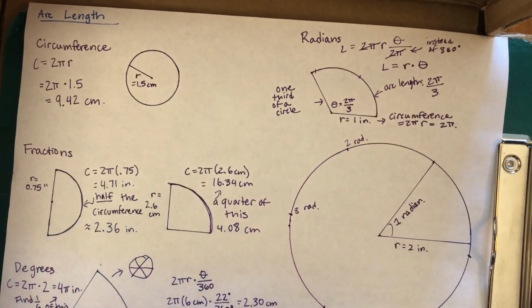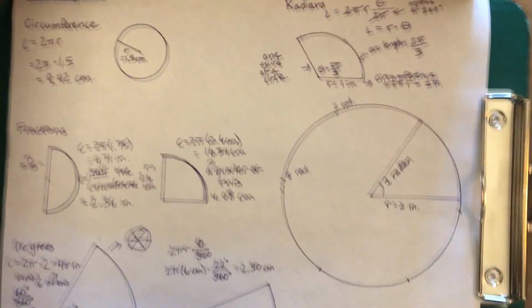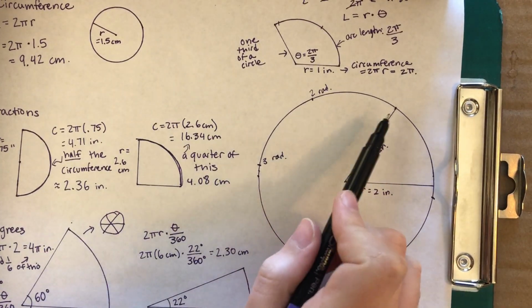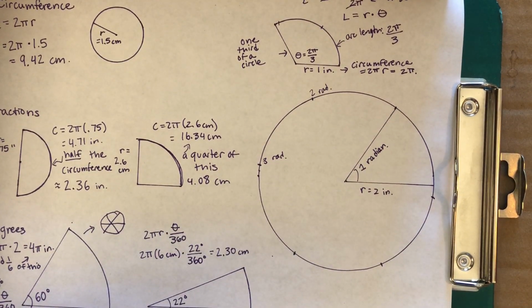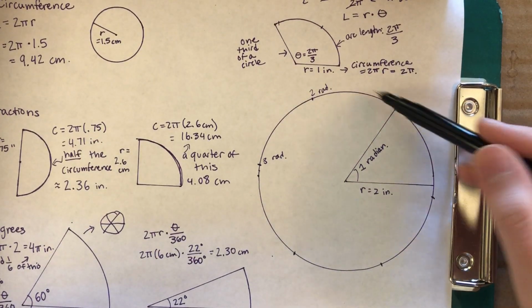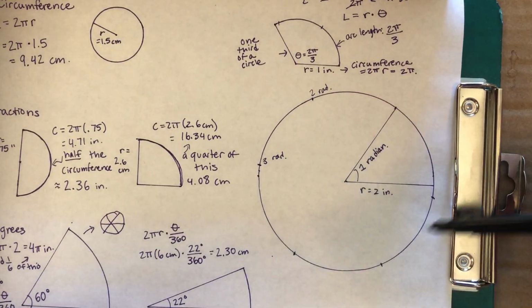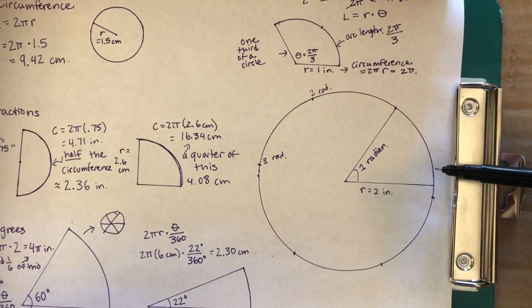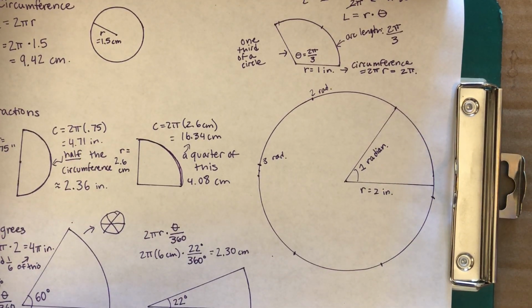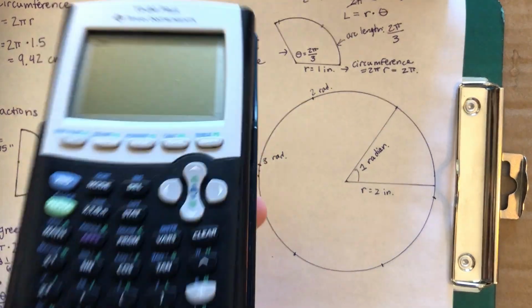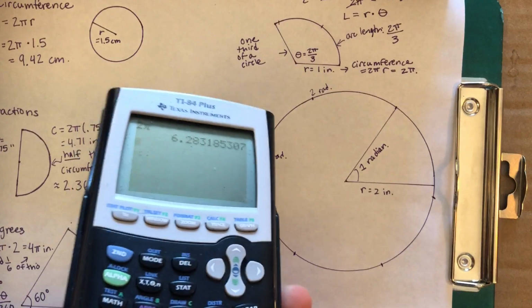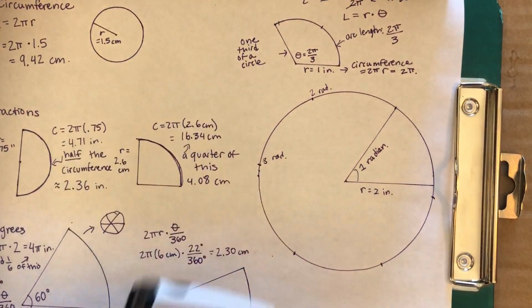Here's 6 radians. So each of these sections that I divided the circle into has a length along the curve of 2 inches, which is equal to the radius. And for me to get around the circle, it takes 6 of those sections plus a little bit extra. In total, to get around the circle, we know that it takes 2 pi radians, which is equal to about 6.28.